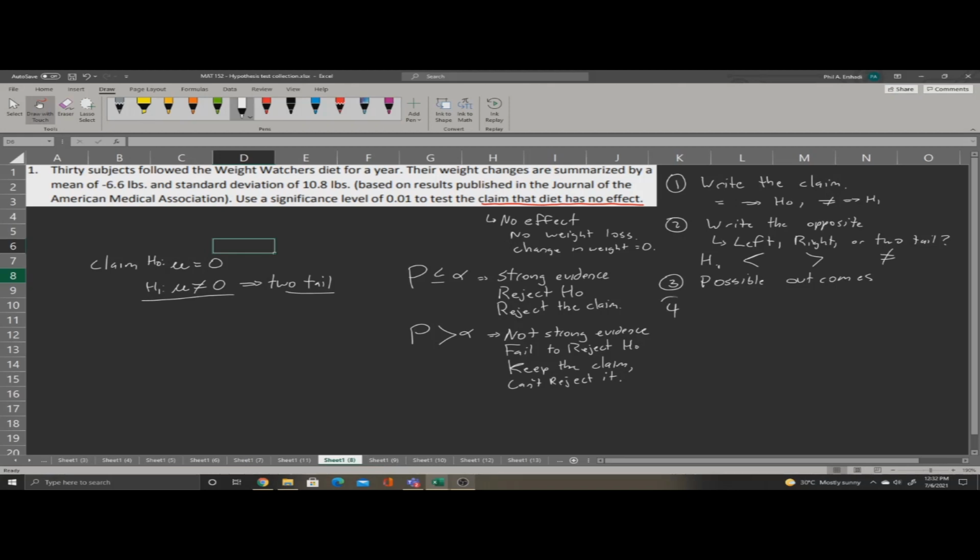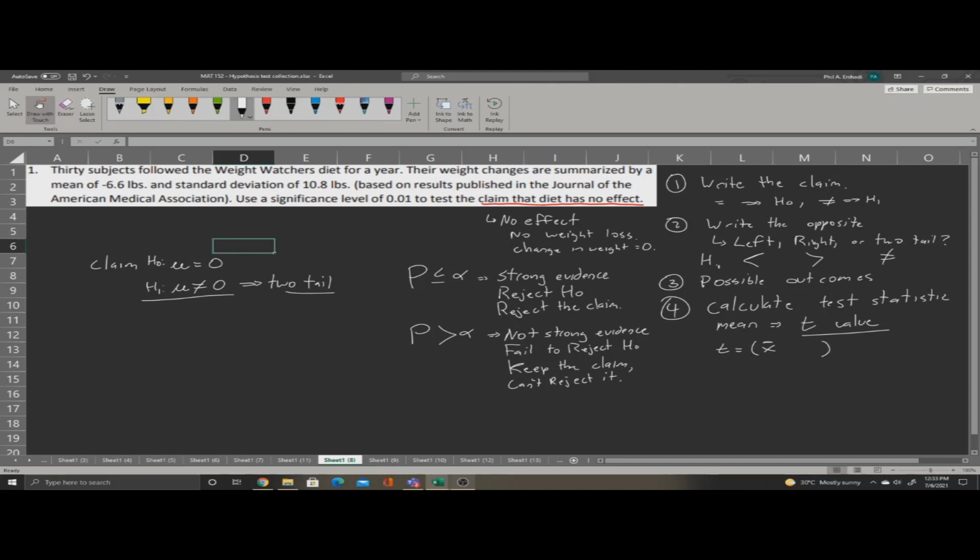Now, step 4, we calculate our test statistic. Because we are doing a calculation based on a mean rather than a population proportion, we'll have a different equation to calculate the test statistic than before. This time, we are going to calculate a value called the t-value. The equation for t-value looks like this.